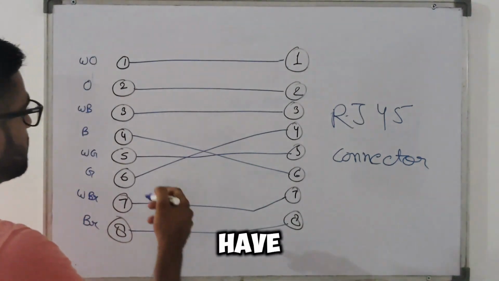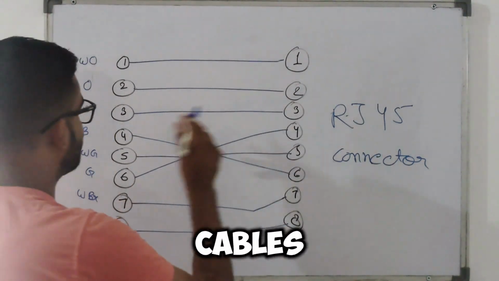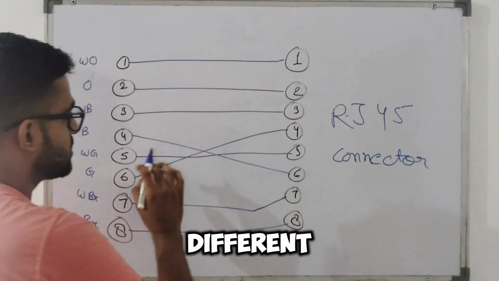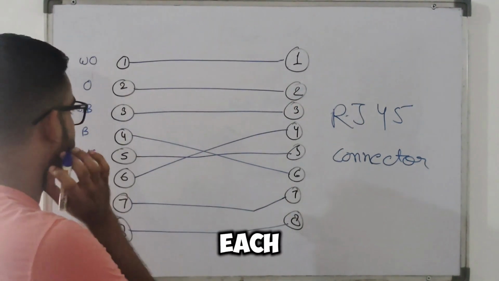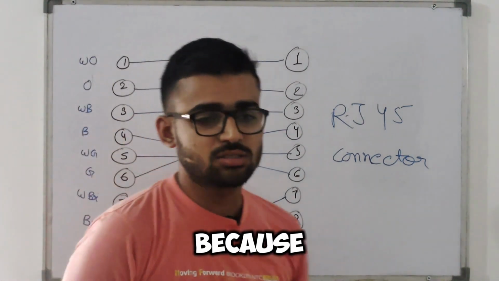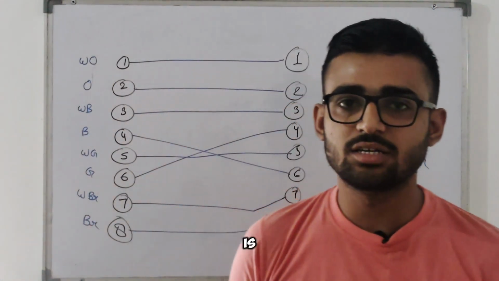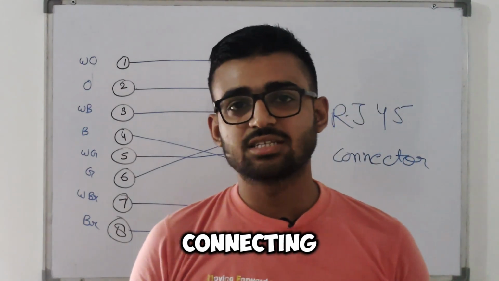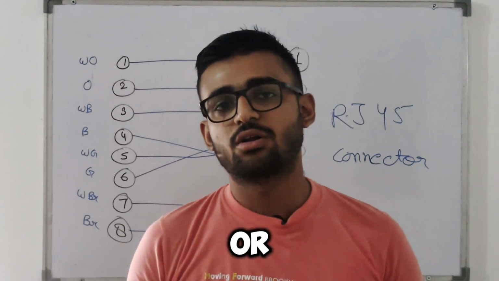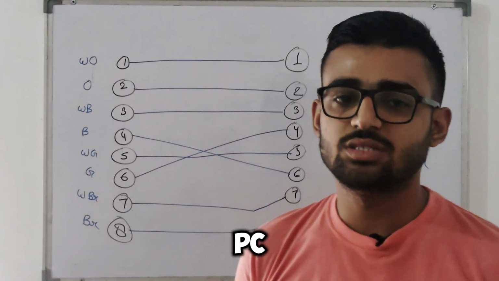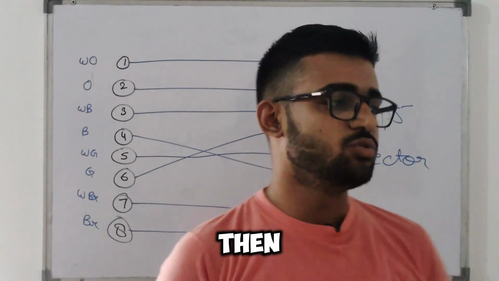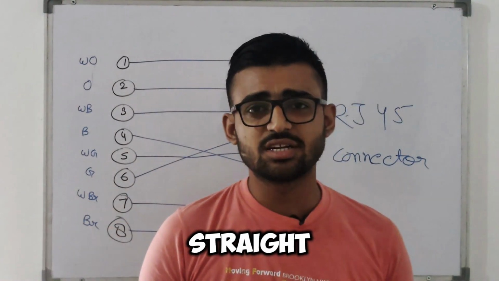Now I have done here that I have crossed these cables, different connector to each cable. Why have I done that? Because the straight through cable is used for connecting different devices, like if you want to connect your router to a switch, or router to PC, or router to any other different device, not the same device, then you use the straight through cable.